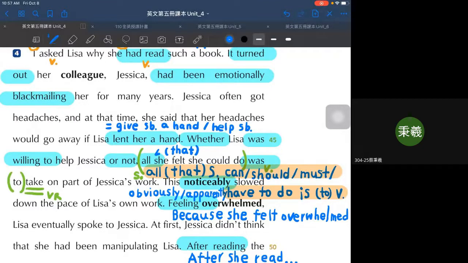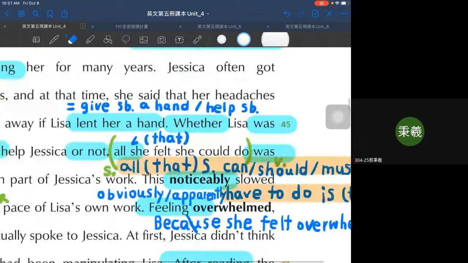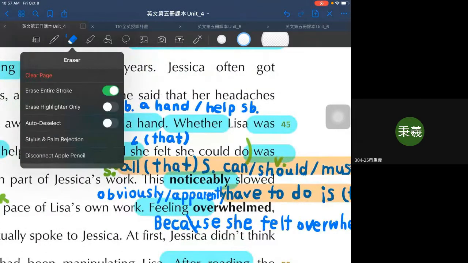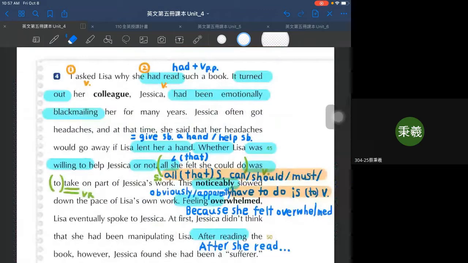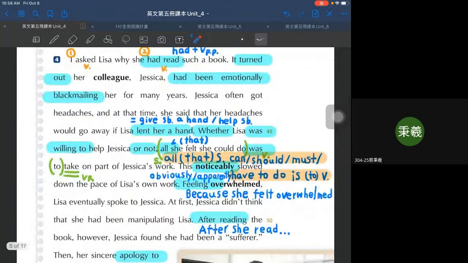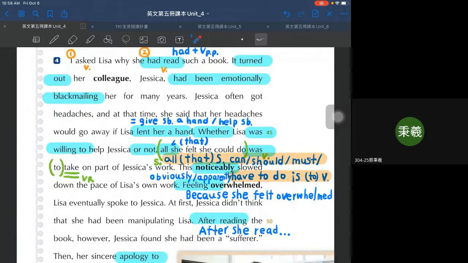So that's why we know, because she felt overwhelmed. We can omit the word because, and then we have the same subject, she and Lisa. So that's why this one turns into feeling overwhelmed. So originally we say because she felt overwhelmed, Lisa eventually spoke to Jessica.